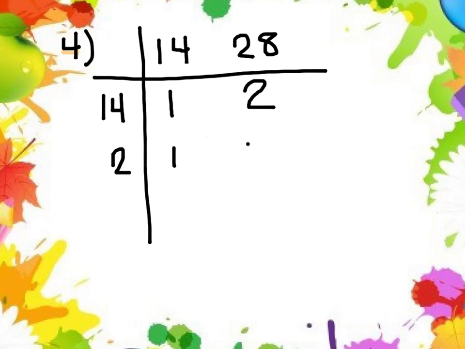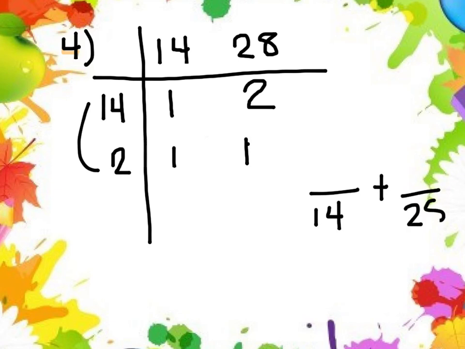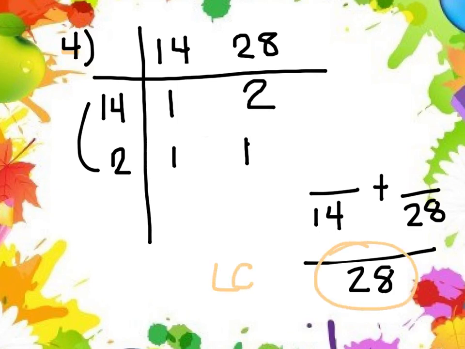I write here a 1, and 2 divided by 2 is 1. So 14 times 2 is 28. If I were looking for a common denominator for 14 and 28, that would be 28. My least common multiple.